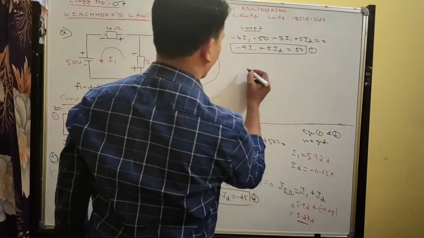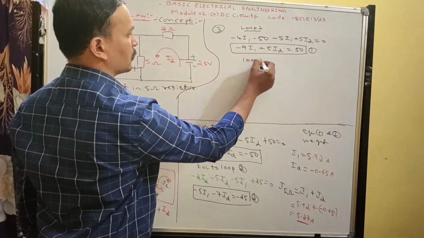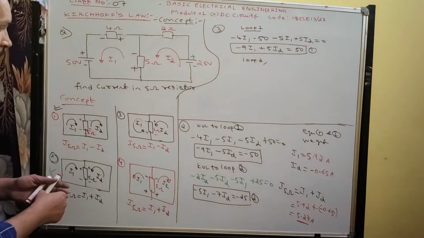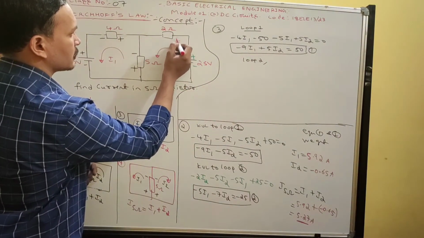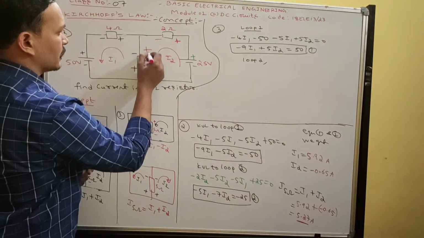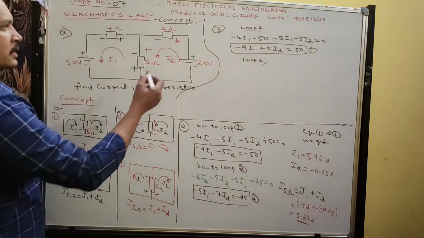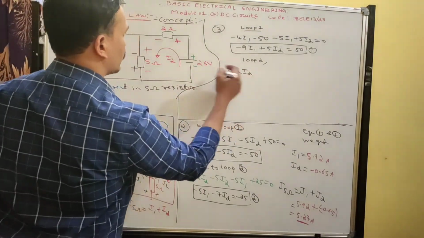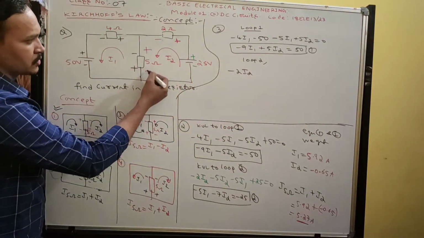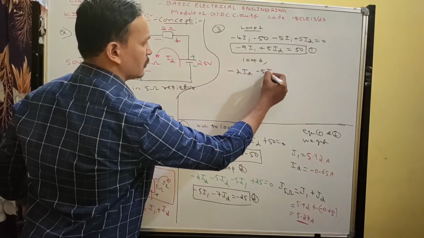That is equation 1. Next, apply KVL to loop 2. See the direction. I2 current entering, mark plus, leaves negative. Then apply KVL: plus 2 minus drop, minus 2 I2. Then plus 2 minus drop, minus 5 I2.